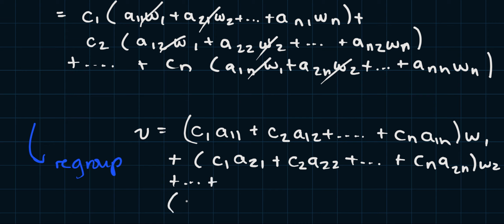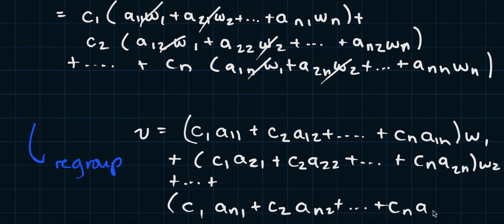And then the last one is going to be C1 An1 plus C2 An2, all the way to Cn Ann, times Wn.